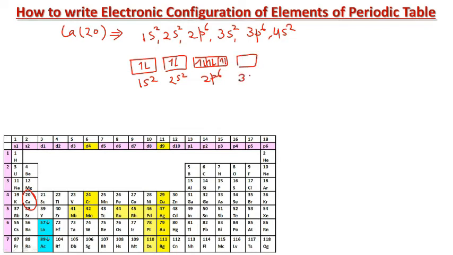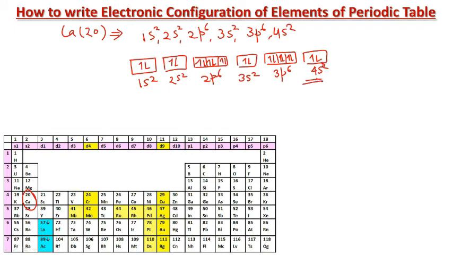This is 3s2, so 1, 2, then we fill all these orbitals in their increasing order of energy. 3p6, so p has 3 different orbitals according to the magnetic quantum number. So 1, 2, 3, 4, 5, 6. Next is 4s2, 1 and 2.